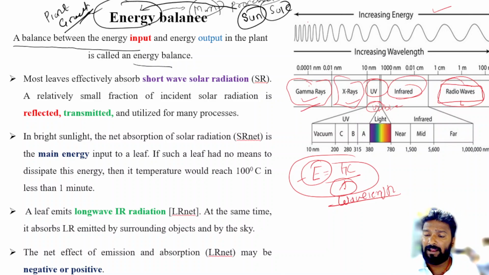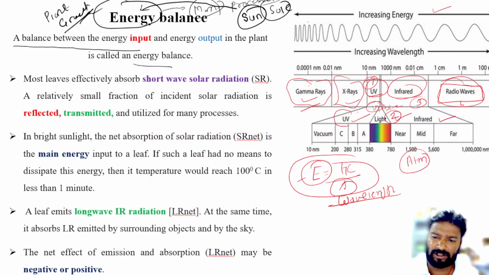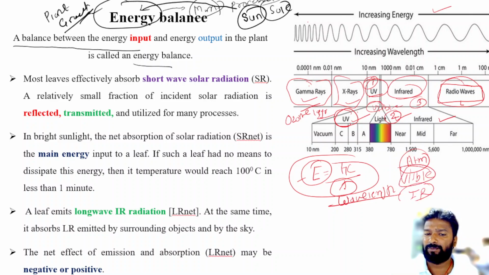And in the environment, only three types of radiation are present: one is ultraviolet radiation, second is visible rays, and third is infrared. Most of the ultraviolet rays are absorbed by the ozone layer. So in the environment, mainly visible and infrared rays are present.